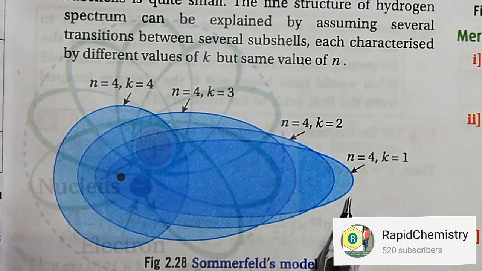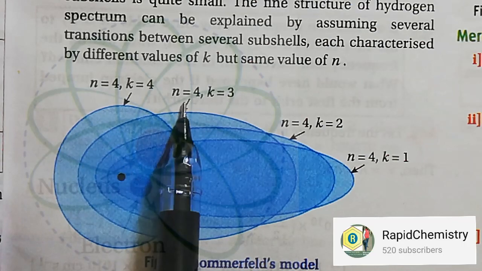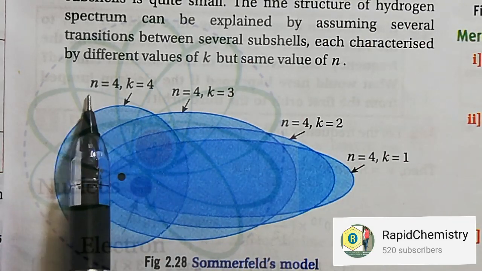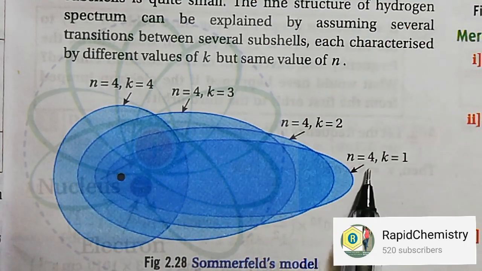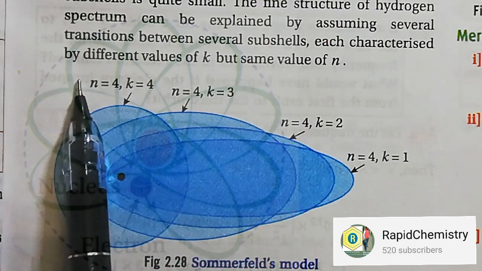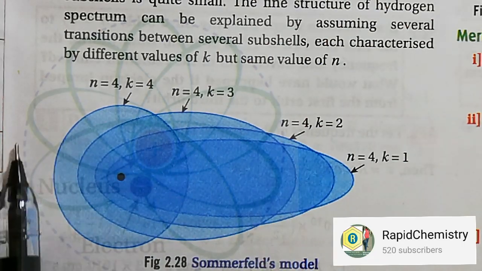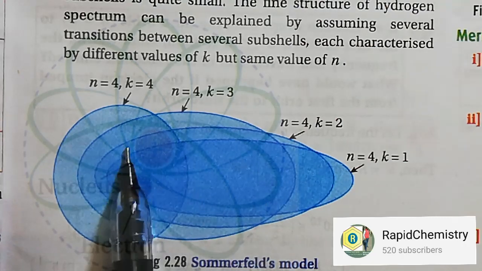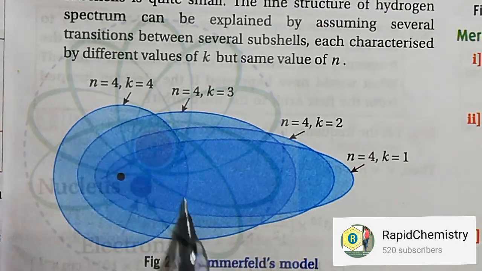Taking n equal to 4, the principal quantum number remains 4, and the azimuthal quantum number can have values 1, 2, 3, 4. That's why 4 different types of orbits can be obtained for the same principal quantum number n.